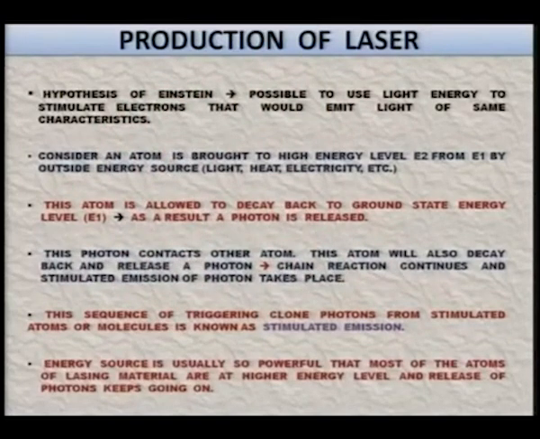This energy source is usually so powerful that most of the atoms of the lasing material are at higher energy level, that is E2 level, and release photons when they are decaying back, and this process keeps going on.